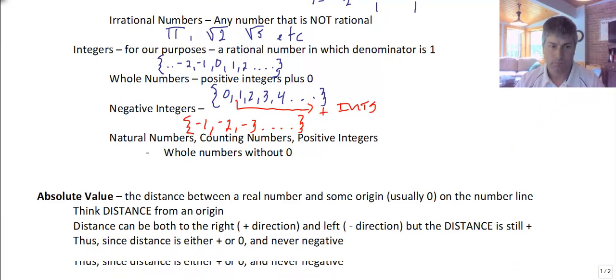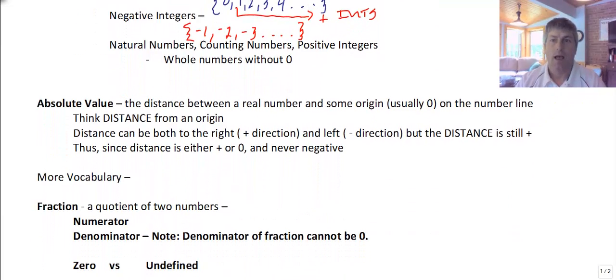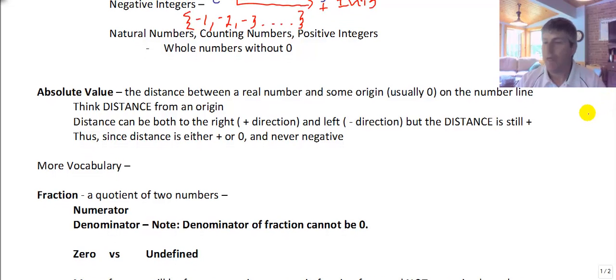Absolute value. When you see or hear absolute value, I know we always think, oh, absolute value is always positive. That's true. But when we see absolute value, I want you to think distance. Absolute value is the distance between a real number and some origin, usually 0, on the number line. So we want to think distance from an origin or distance from 0.